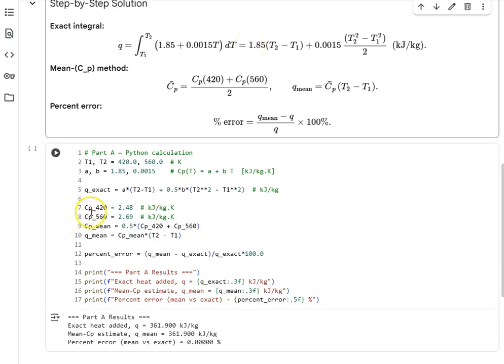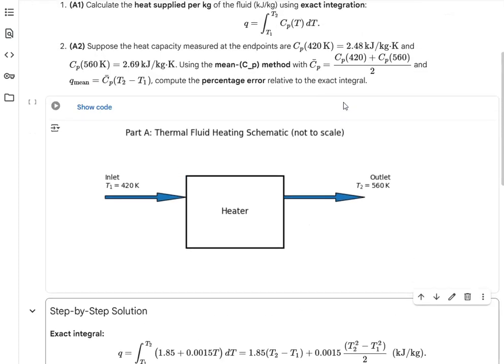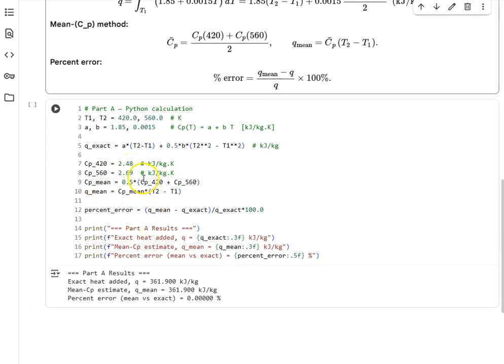Then Cp at 420 is given as 2.48 kilojoules, and Cp at 560 is also given. From here we can easily calculate Cp mean, and then Q mean, and percentage error is Q mean minus Q exact divided by Q exact, times 100.